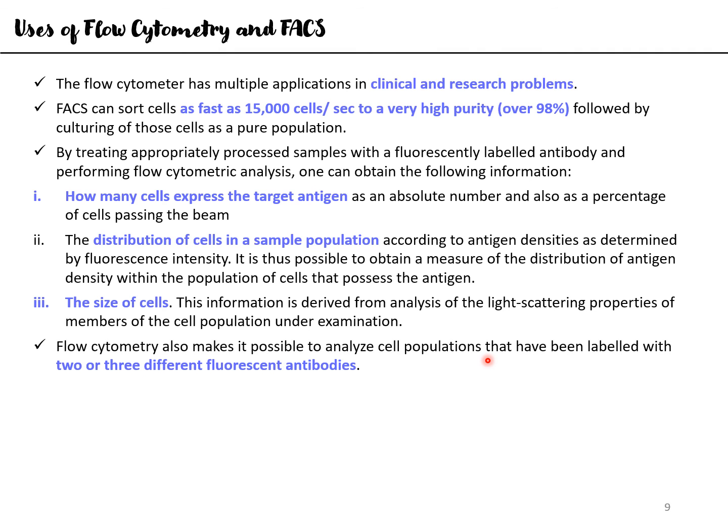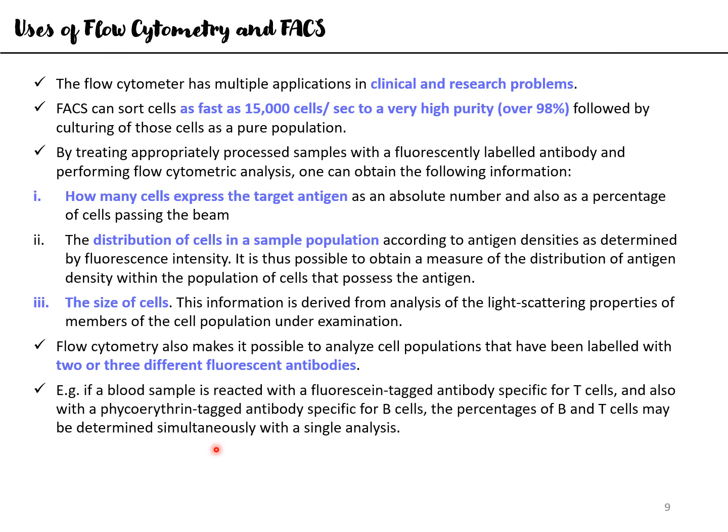Flow cytometry also makes it possible to analyze cell populations that have been labeled with 2 or 3 different fluorescent antibodies, and this is something we have already discussed. For example, if a blood sample is reacted with a fluorescein tagged antibody specific for T cells, and also with a phycoerythrin tagged antibody specific for B cells. Now, fluorescein and phycoerythrin are fluorophores that we have already covered in one of our previous lectures.